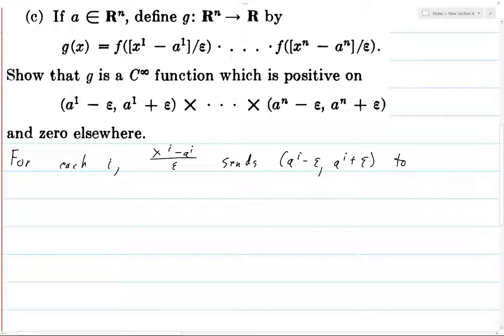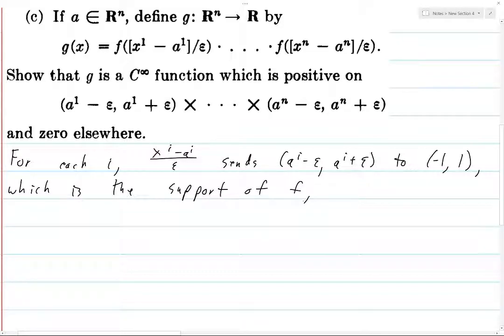Well, if you plug in the first one here, you'll get ai minus epsilon minus ai over epsilon on top, which will end up with -1. So this will be -1, and then we'll also get +1, which is the support of f.